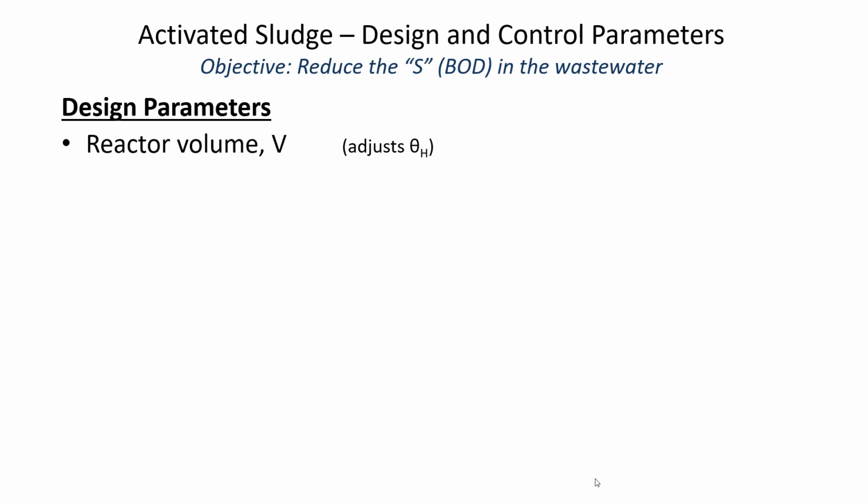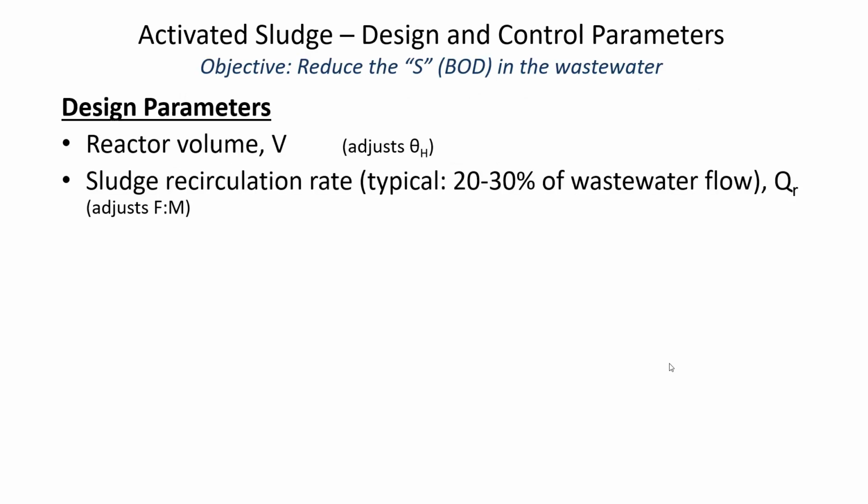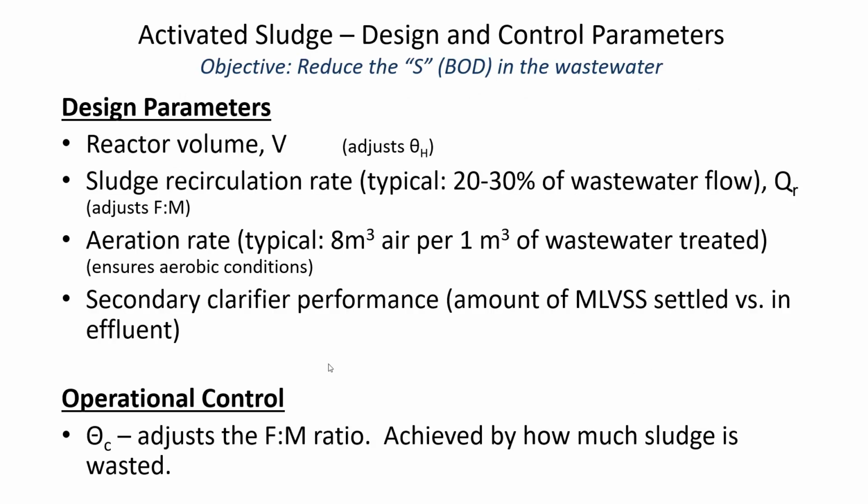So you remember in this figure there's a split. So, is it 50-50? Do you want half the sludge to be recirculated and half the sludge wasted? The valve that directs a portion of the sludge to recirculation and a portion of it to waste, that is how you control the F to M ratio, the ratio of food to microorganisms.